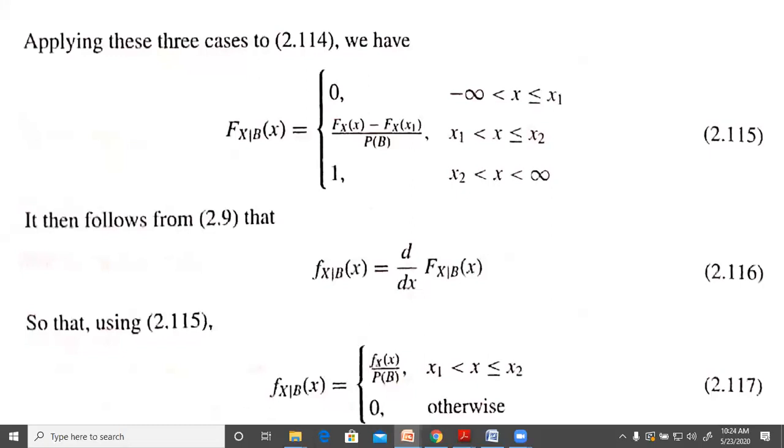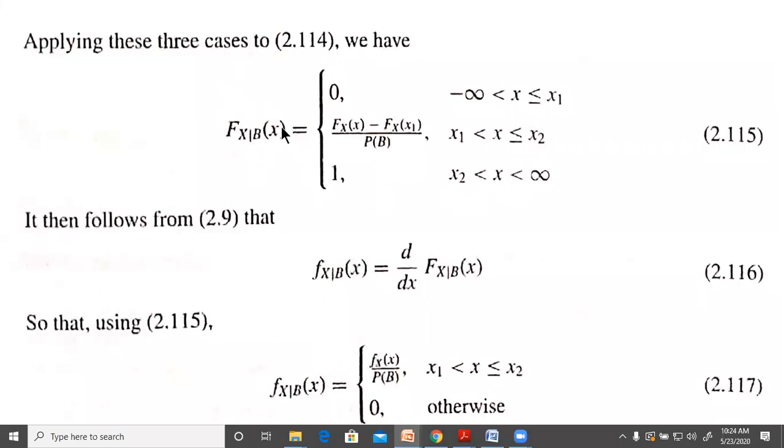In the second case, between x1 and x2, it will be F(x) minus F(x1), a constant value and a variable value, divided by the probability of the conditional event, and 1 if x is larger than x2. So that's the standard format.